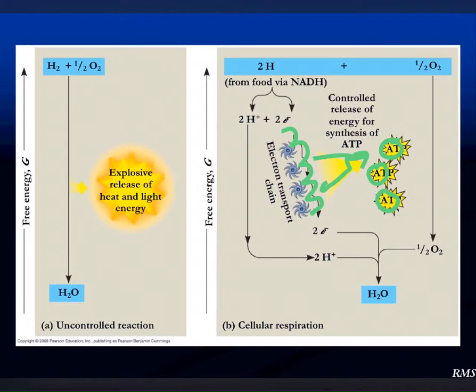So this is the difference between, let's say, fire or combustion and cellular respiration. That's what I mentioned last class, that a combustion is an uncontrolled release of energy, whereas cellular respiration is controlled. So why aren't our cells bursting into flames? Because we take it step by step, harnessing that energy out using things like enzymes.